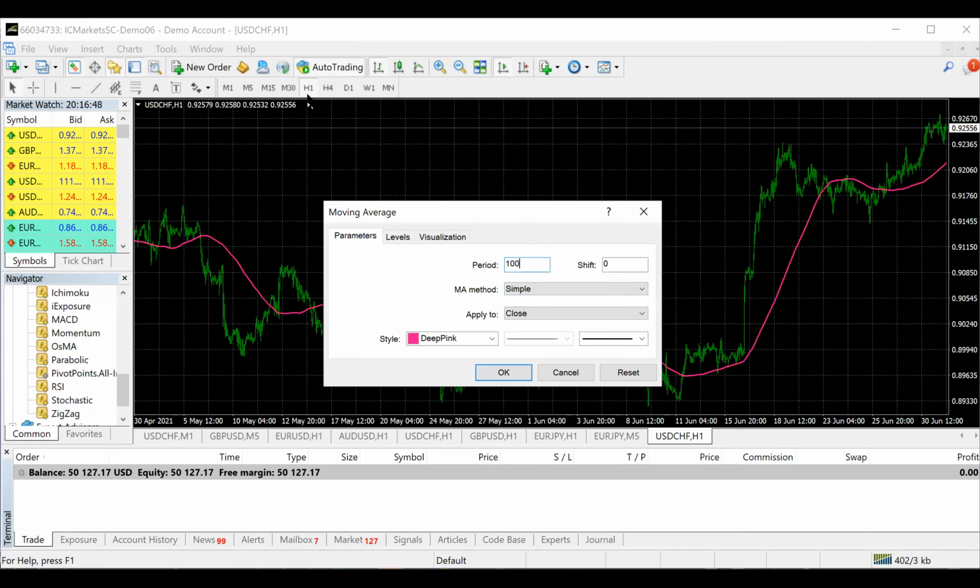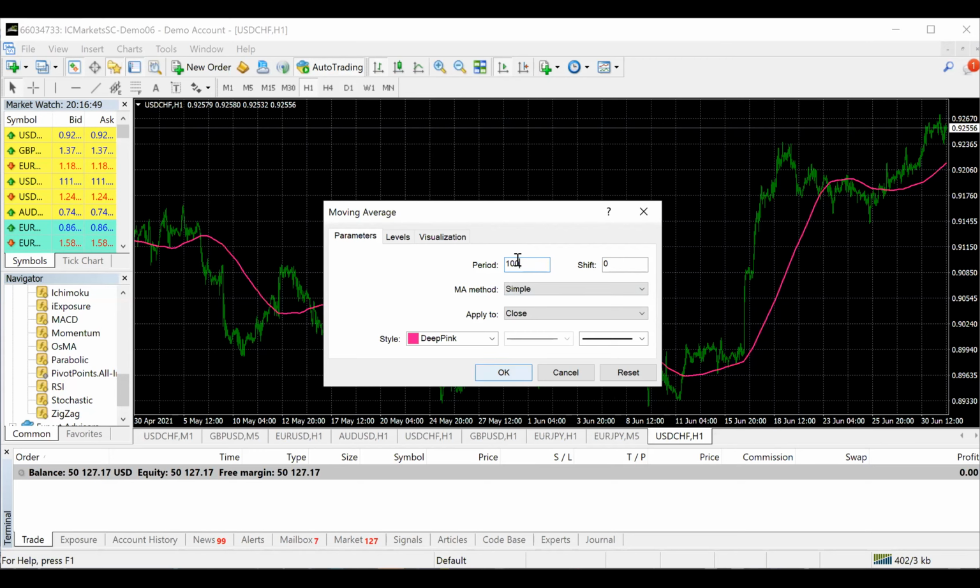So the 100 I put in means the average price over the last 100 hours, because I'm on the hourly chart. Assuming I'm on a 30-minute chart and I put in a moving average of 100, that means the average of the last 100 candles on this 30-minute chart. That's the meaning of the 100. So that is using moving average.